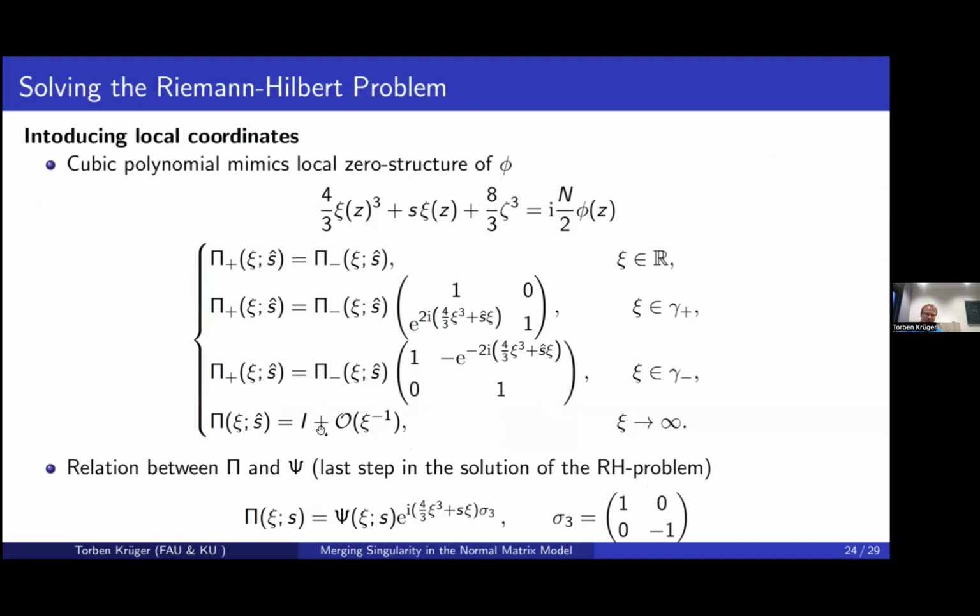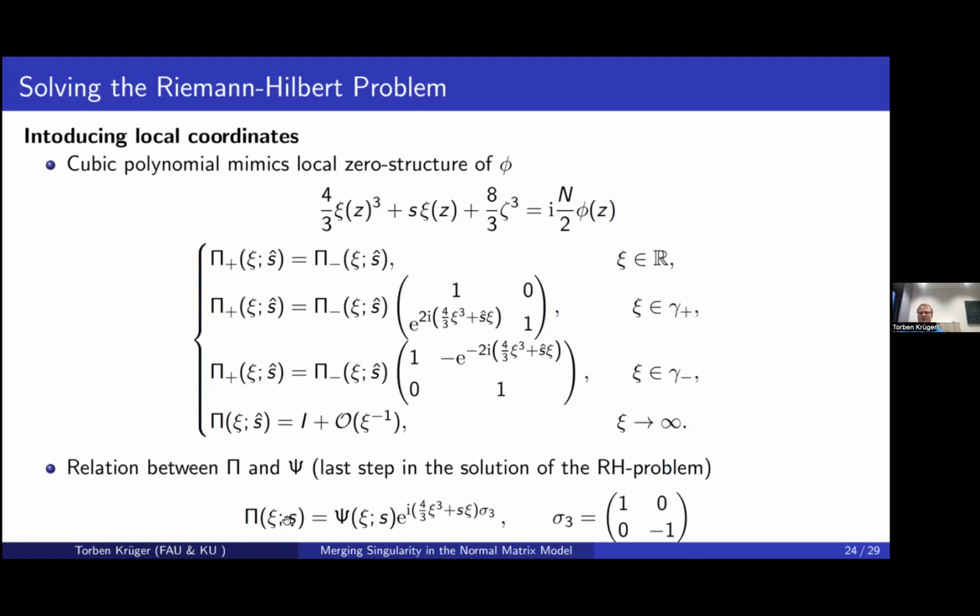This also you can somehow see is a quite explicit problem, and this is sort of solvable. This is the model problem for this situation, and you can solve this problem in terms of the psi that I introduced earlier. So there's this ODE that one can solve, and if you have the solution to this ODE, then you can also solve this Riemann-Hilbert problem by this relation.